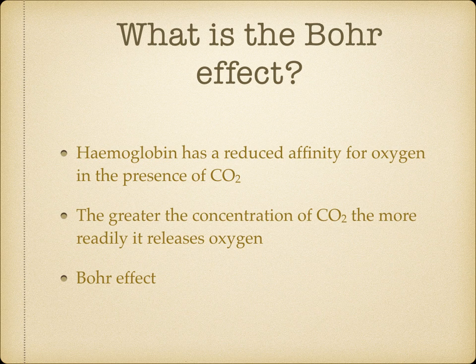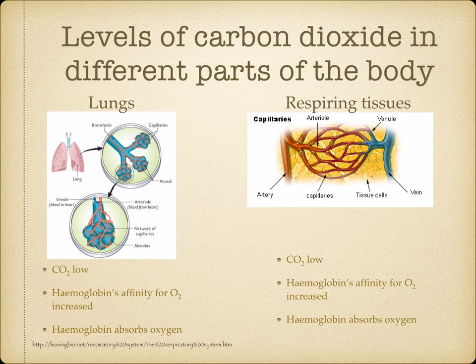Hemoglobin has a reduced affinity for oxygen in the presence of carbon dioxide. So the greater the concentration of carbon dioxide, the more readily it releases oxygen. If you look at these different surfaces, you've got the lungs and the respiring tissues.